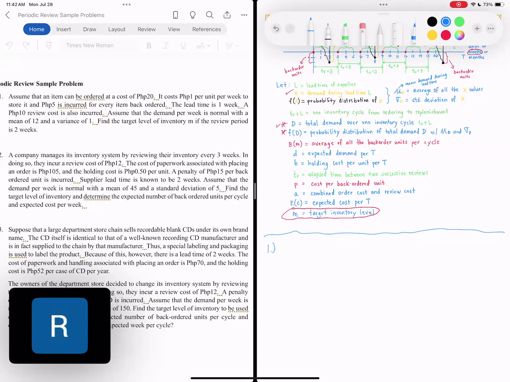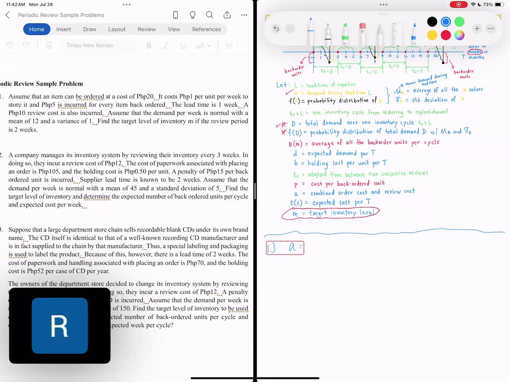So you have to scroll through the problem and look for the review cost, because every time you're reviewing, you need people to do the physical count, right? And do the encoding of the inventory level, right? So you have to look for the review cost and add it. So what will be the value of A? 30, sir.